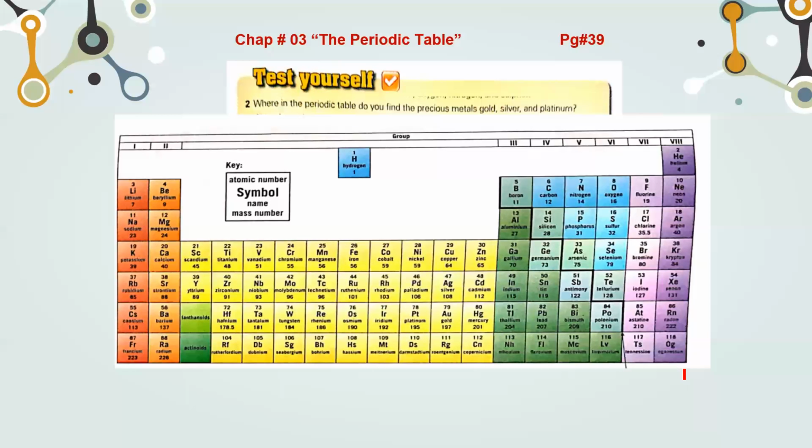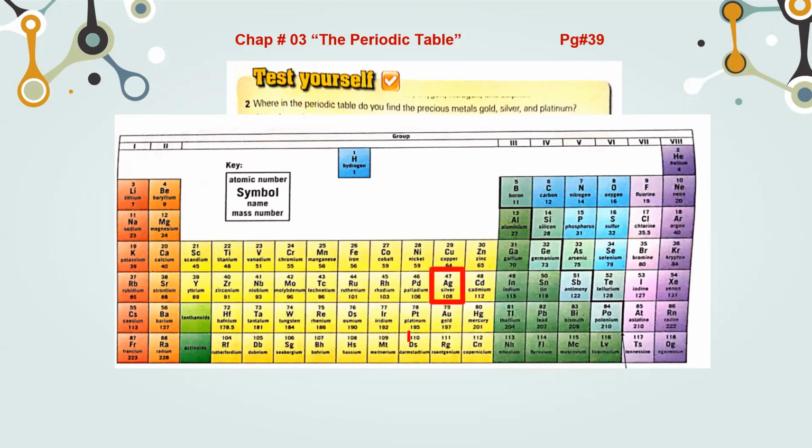Come towards the next question of this test yourself. Where in the periodic table do you find the precious metals gold, silver, and platinum? So you have to come to the metallic group. These are so called metals.